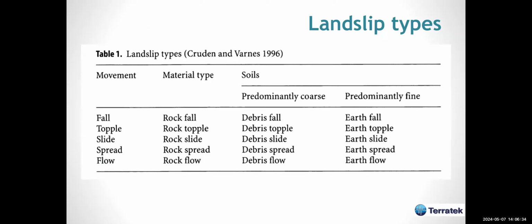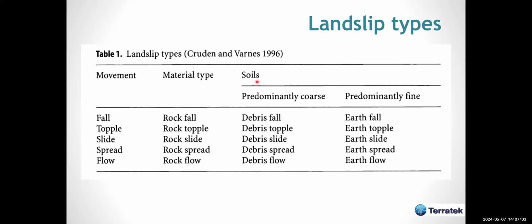Landslide types. This is in the book, landslide types after Cruden and Varnes, 1996. So we have fall, topple, slide, spread, flow. Let me point to here. Material type: we have rock fall, rock topple, rock slide, rock spread, rock flow, and we're going to talk about that.